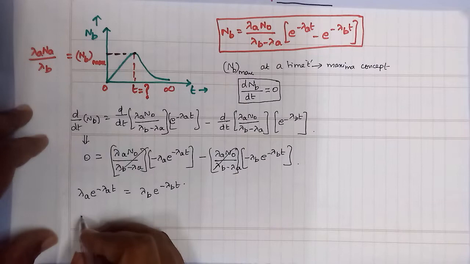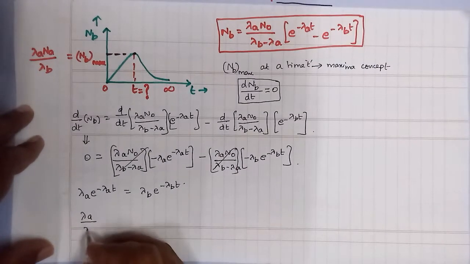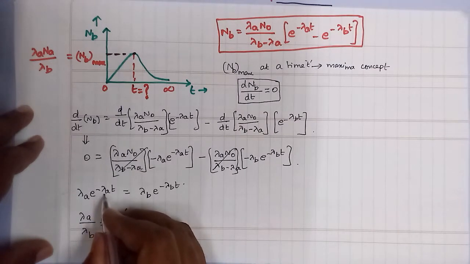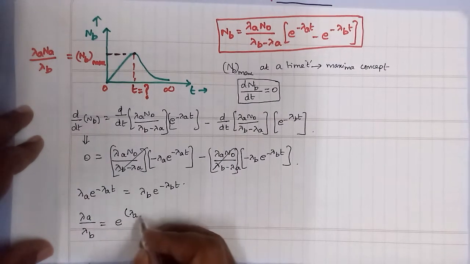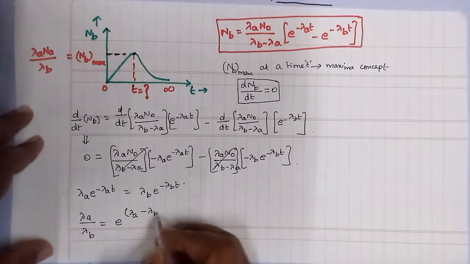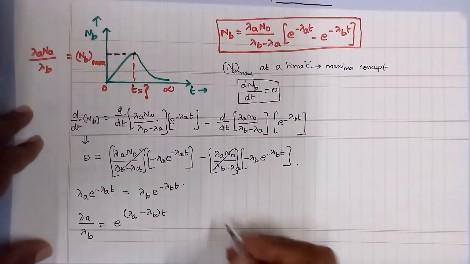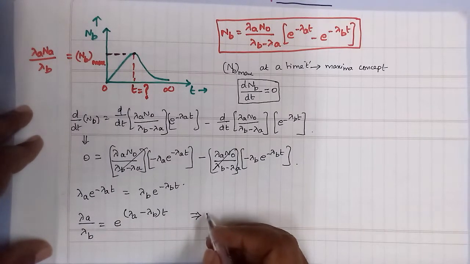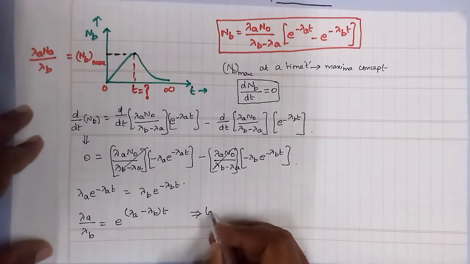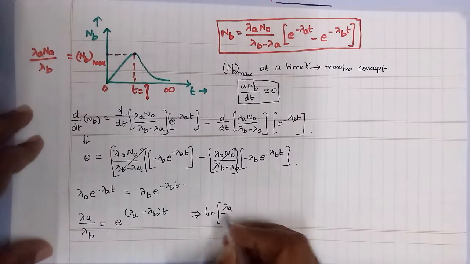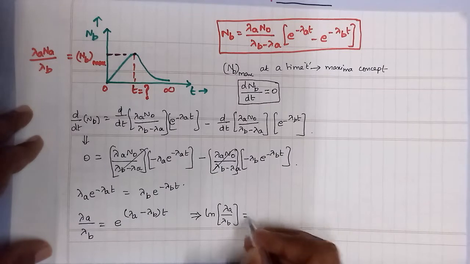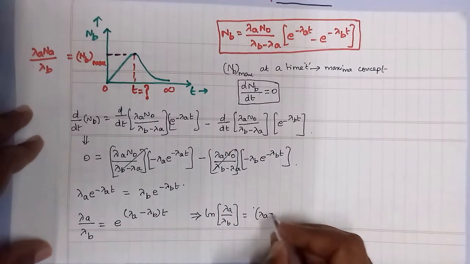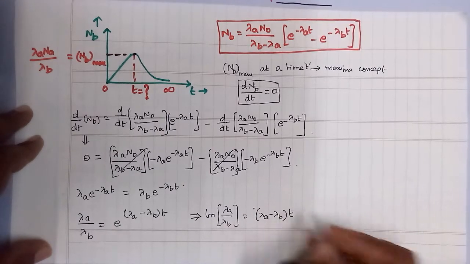This we rewrite as lambda A by lambda B is equal to e power, if we take this lambda A to this side, then this will be lambda A minus lambda B into t. If you take natural logarithm, ln, on both sides, then this will become ln of lambda A by lambda B is equal to, log and e will get cancelled, lambda A minus lambda B into t.